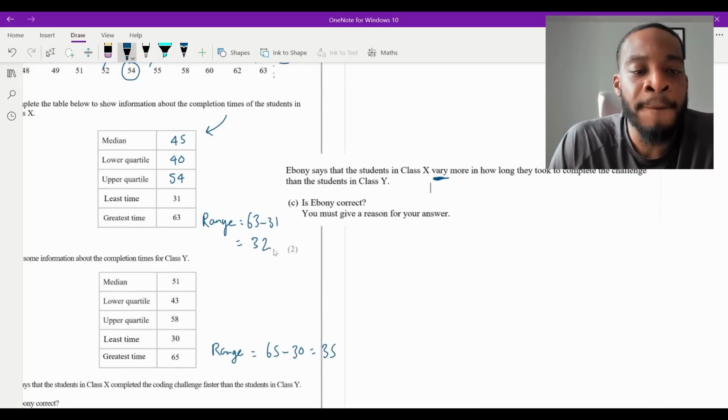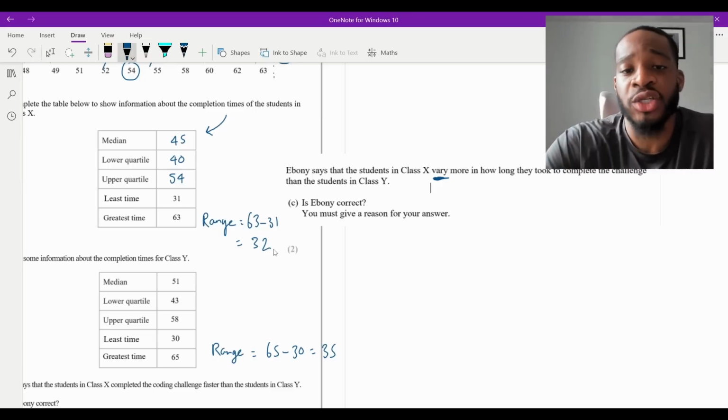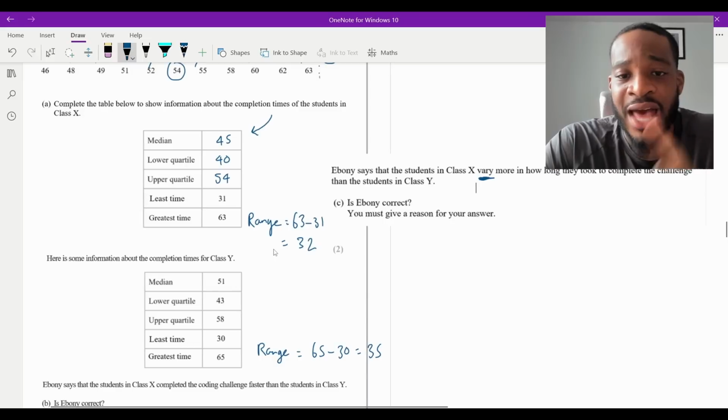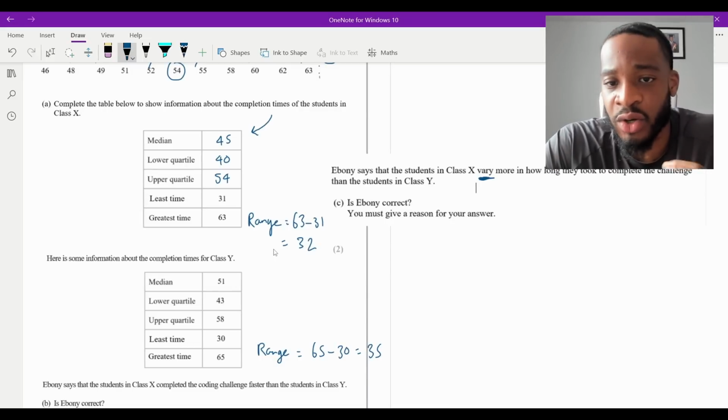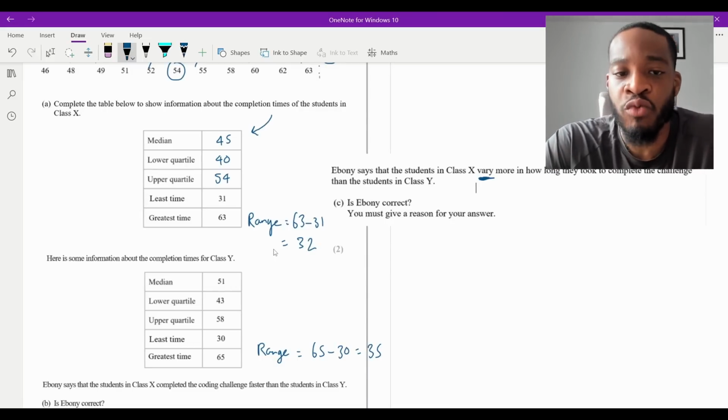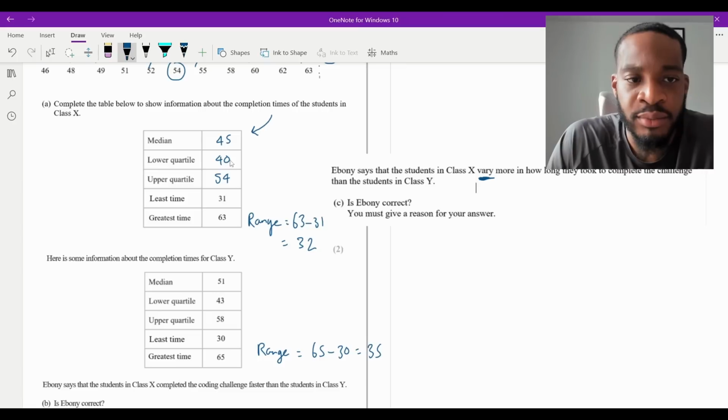So we can see that the range is bigger for class Y, which means that class Y's completion times vary more. That contradicts what Ebony is saying. Ebony is saying that the students in class X vary more. And again, just to confirm, let's look at the interquartile ranges for both as well.